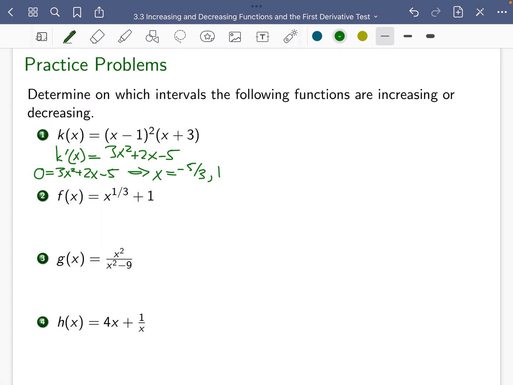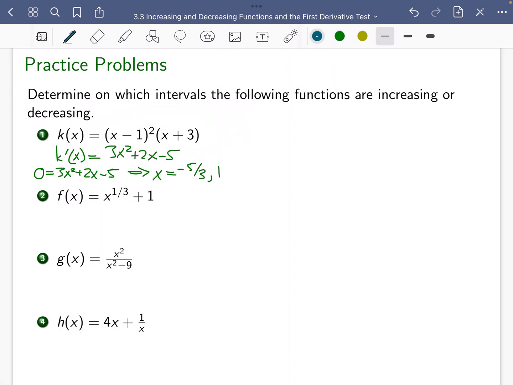Okay, so we found these critical numbers. We should also identify, are there any points where the function does not exist, any values outside of the domain of this function. And this function is a polynomial, so it exists everywhere, so there are no points of discontinuity.